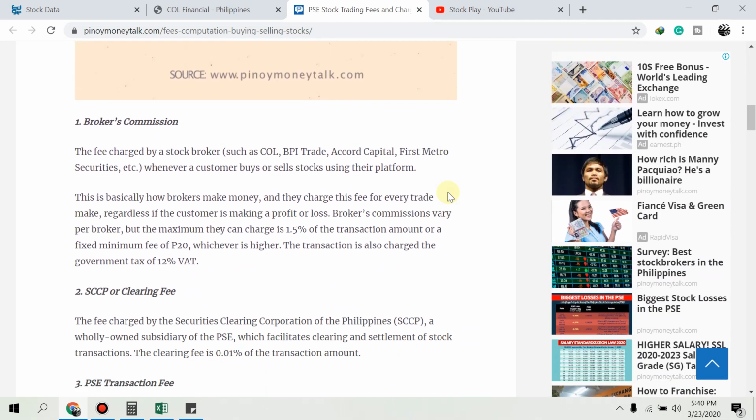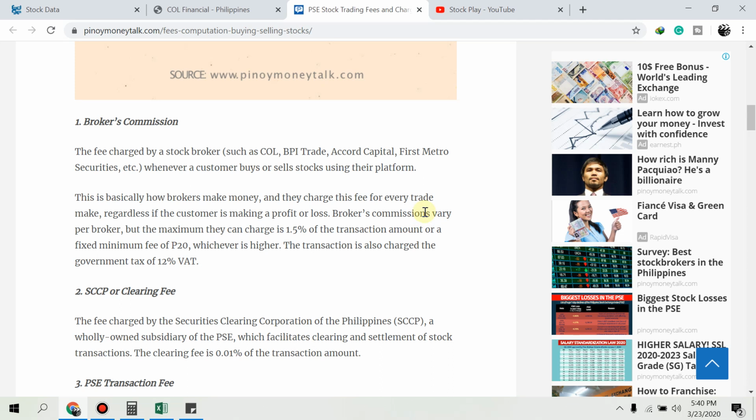Number 1 is broker's commission. So, for broker's commission, guys, it is the fee charged by stockbroker, such as COL, BPI Trade, Accord Capital, First Metro Securities, whenever a customer buys or sells stocks using their platform.